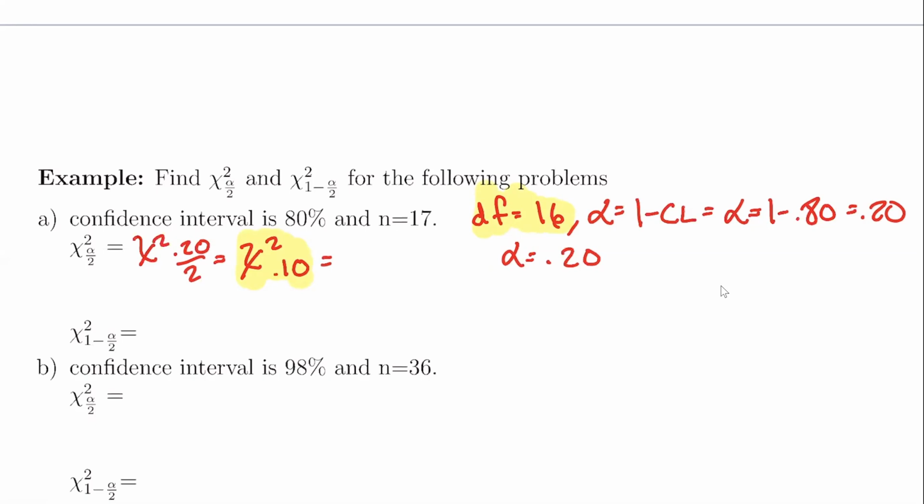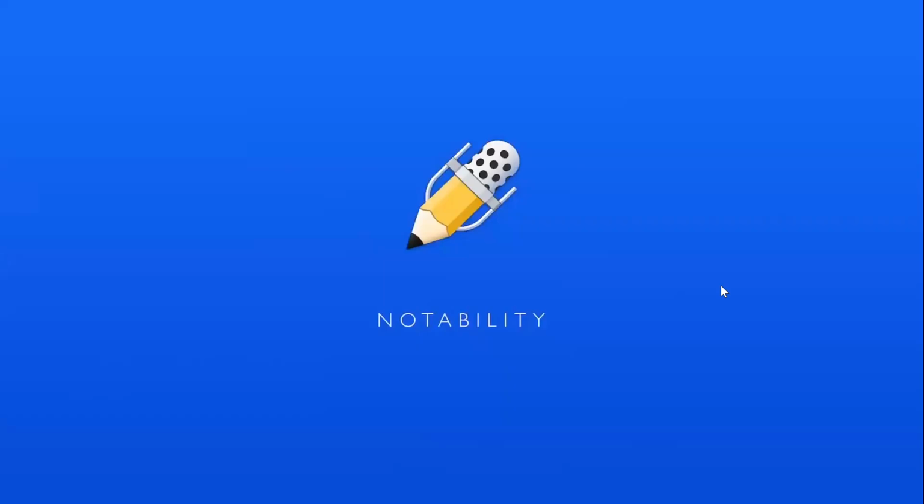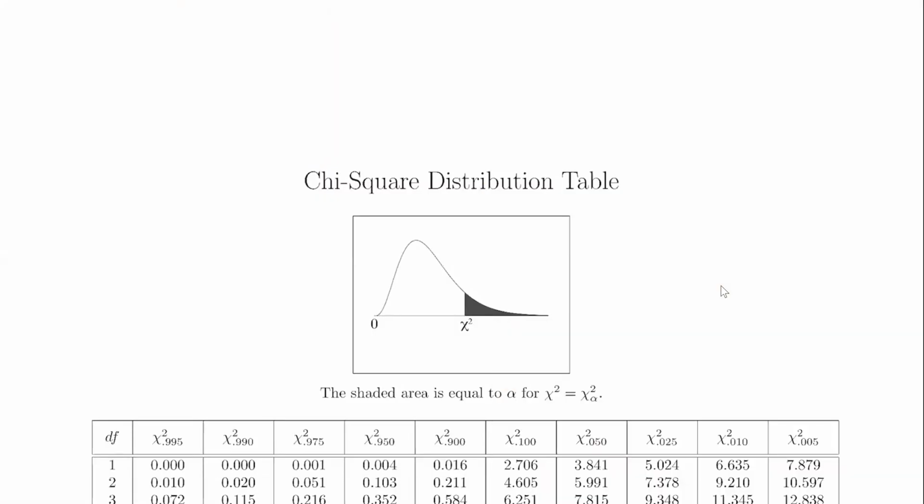All right, let's go ahead and go to the chi-square table. Let me download it. Statistical table, chi-square table. All right, so here's your chi-square table.